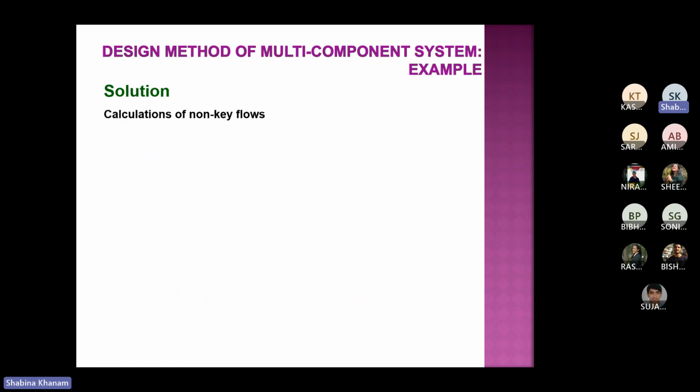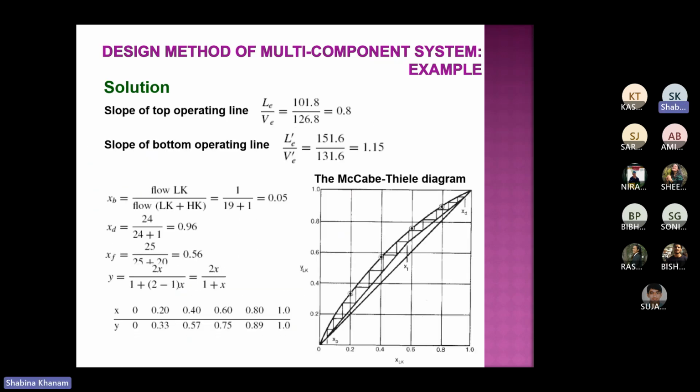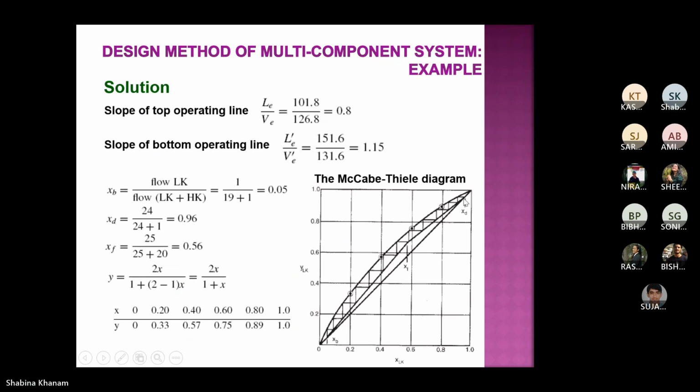So in this way you can consider these dots. x D, x F, and x B, and then you can make the steps to find out the number of trays. So from here you can follow the McCabe-Thiele method, and in this way you can do the multi-component system design, or multi-component system number of trays.